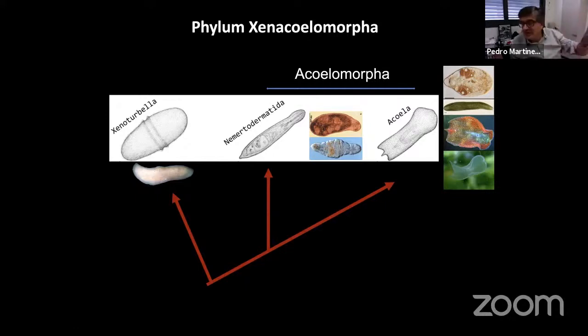You will hear about it a little later on. And then we are using mainly one species of acoels, this one with the green color, called Symsagittifera roscoffensis. It doesn't really matter the name of the species because they are complex, but just think that we have one Xenoturbellid and one acoel in the lab.